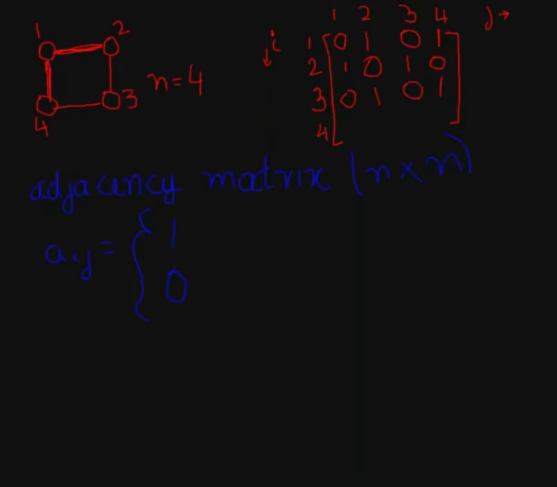Node 4 is connected to node 1, there's a 1 over here. Node 4 is not connected to node 2. Node 4 is connected to node 3, and node 4 is not connected to itself. There's a 0 over here. So this is our adjacency matrix for this particular graph.